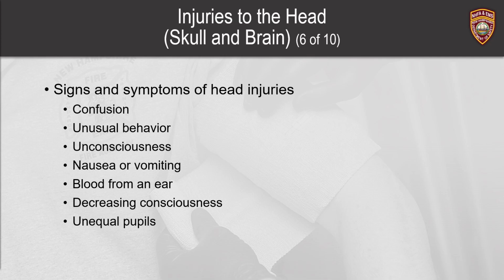In some severe head injuries, there may be some nausea and vomiting associated with it. Sometimes, but not always, bleeding from the ear. And then in the worst case, unequal pupils, right? Unequal pupils is a sign that the pressure inside the skull is very, very high and they're about to have permanent brain damage. It's one of the last things you see before permanent brain damage.